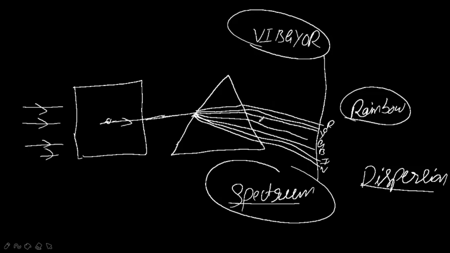The angle of deviation is different for different colors, and for that reason we observe all these colors. The red light bends the least, whereas the violet light bends the most.